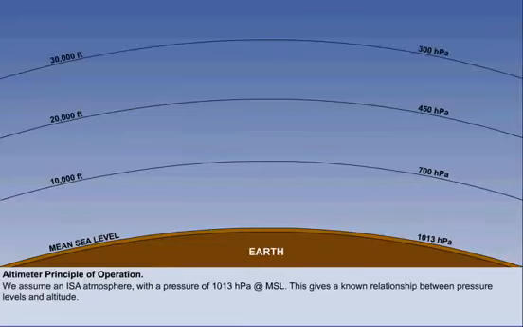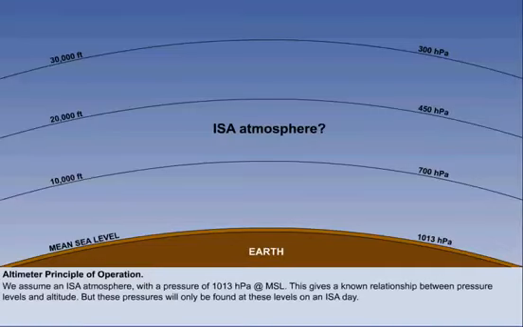And 30,000 feet will have a pressure of about 300 hectopascals. These numbers have been rounded slightly, but they are very close to the actual altitudes at which these pressures occur. But remember, these pressures will only be found at these levels on an ISA day.